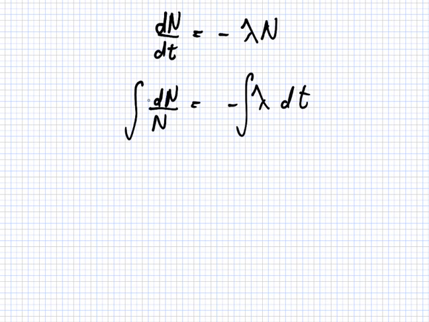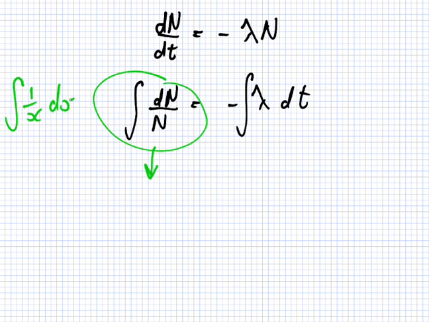What does this become? You remember this? Yep, this one here. What's this? It's like this one, 1 over x dx. Yes, it is. Very good. And Ibrahim, what do I get here?